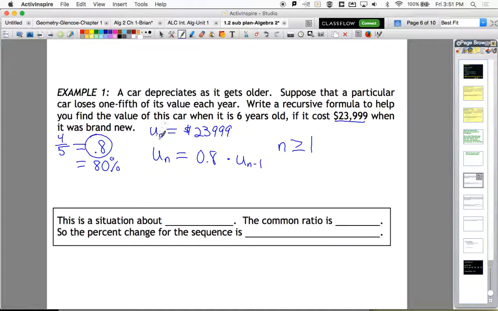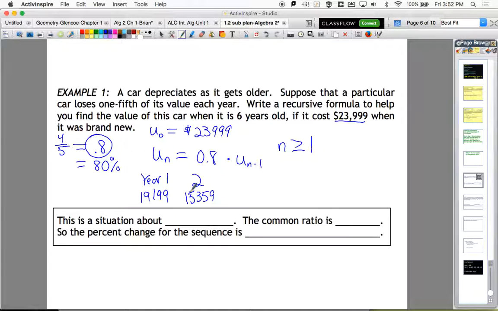Well, this is our starting amount, so after 1 year, it would be 80% of this, 23,999. So if we took 23,999 times 0.8, at year 1 it would be $19,199. If we then took that value and multiplied it times 0.8 again, after year 2 it would be $15,359.